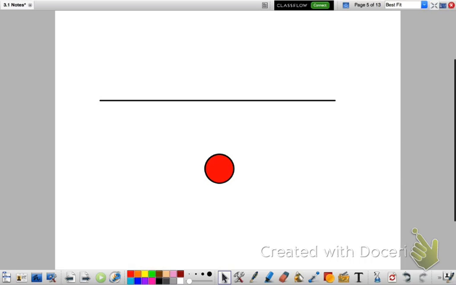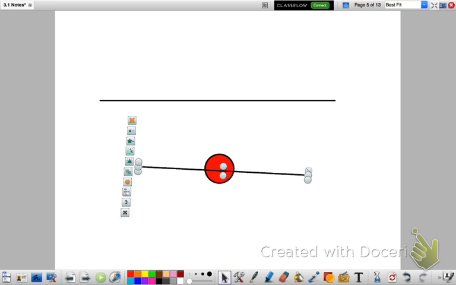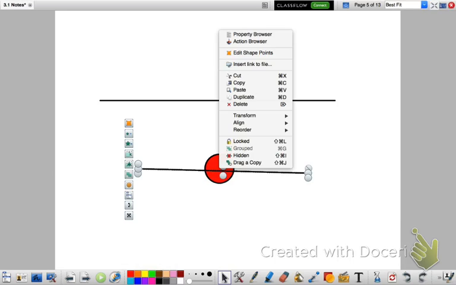Go ahead and pause the video and we'll come back and talk about it. Okay. You should have only been able to draw one exact line that is exactly parallel to our original line and passes through our point.